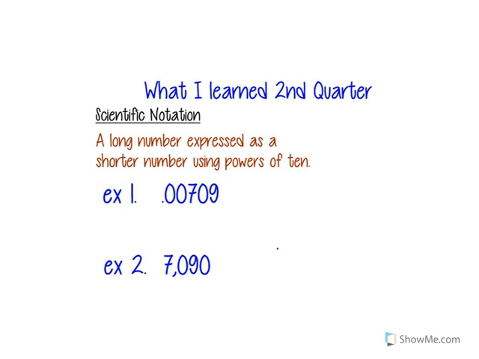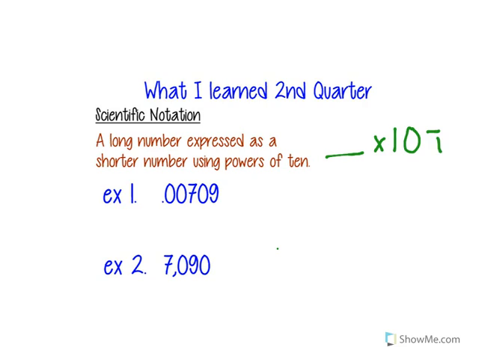a short number using powers of 10. So for the first example, we have 0.00709. If we want to write this as a power of 10, meaning that we're going to have a coefficient times 10 to a power with an exponent, okay?